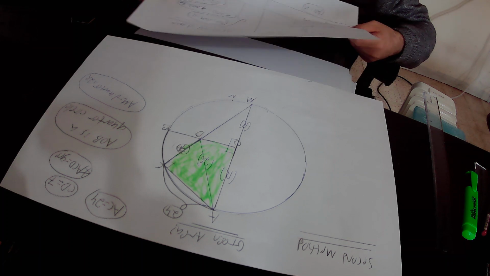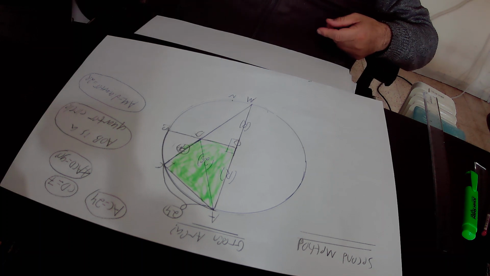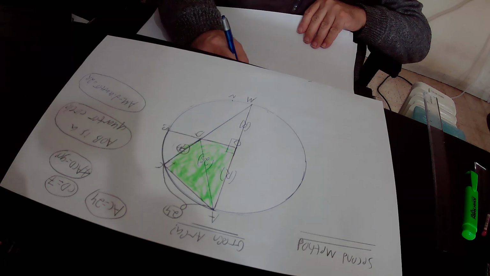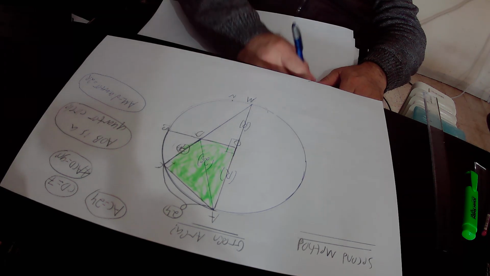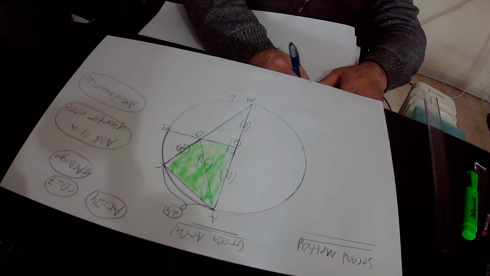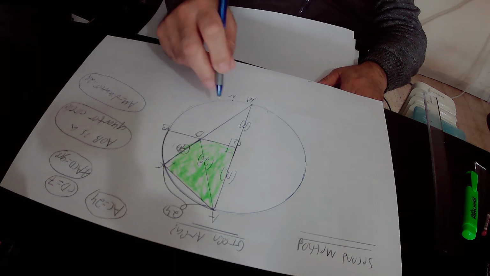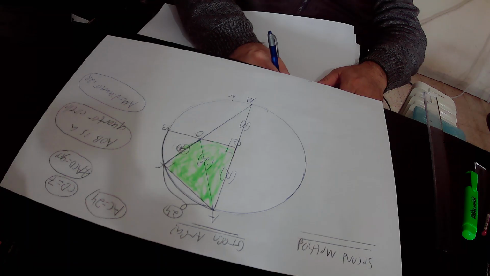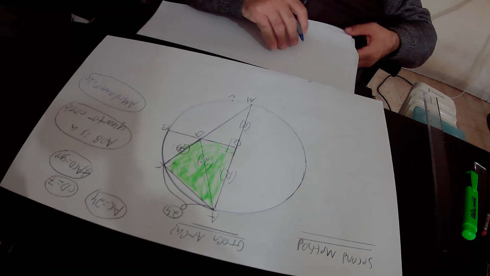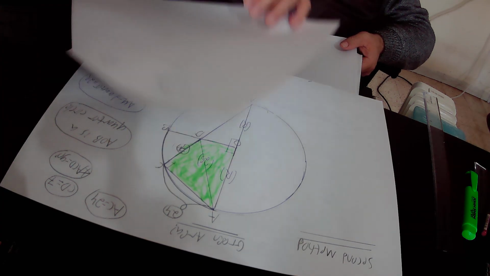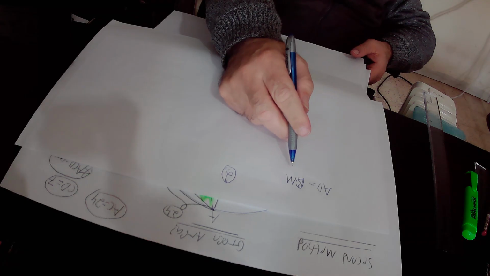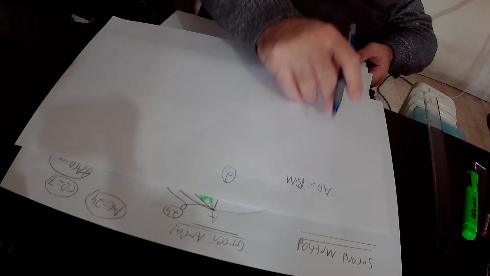And from the fact that the two right triangles are congruent, we will derive that side AD in the green triangle is equal to side DM in the white triangle. Repeat again. Side AD in the green triangle equals side DM in the white triangle.